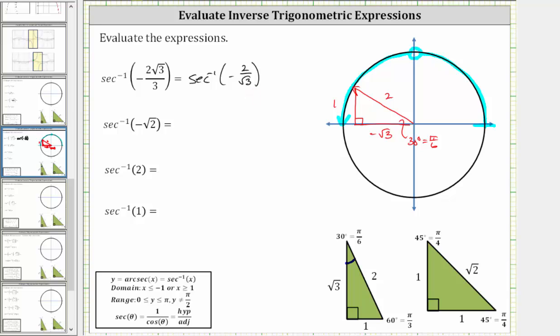Which means the angle we are looking for has its initial side along the positive x-axis as always, and the terminal side must be this ray here, rotating counterclockwise.